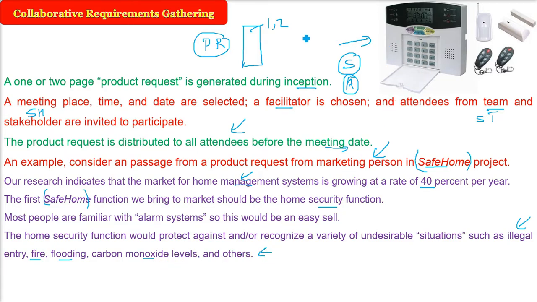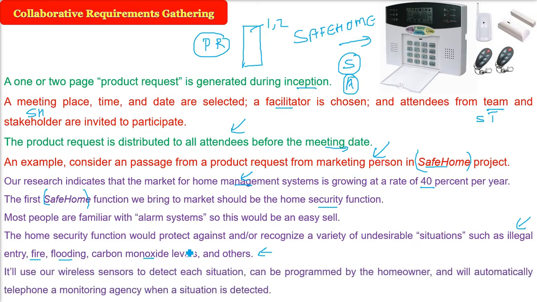So Safe Home is a project which the software team and the stakeholders want to make, to safeguard the home. Here the user is asking, and the other people are saying, we will use a wireless sensor, a motion sensor and a carbon monoxide sensor.